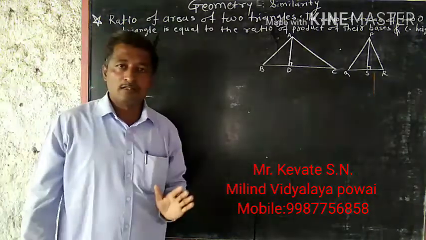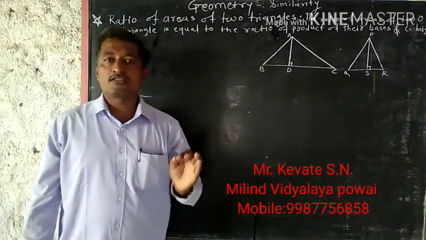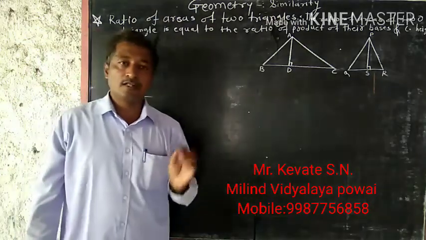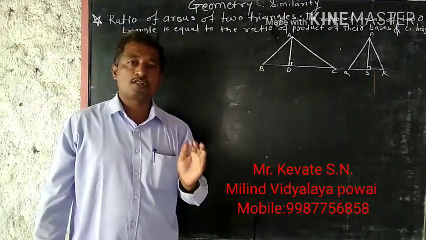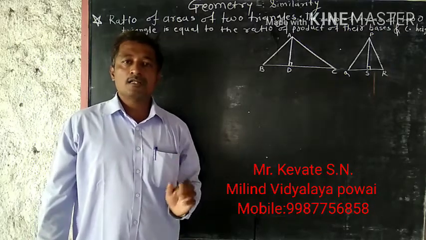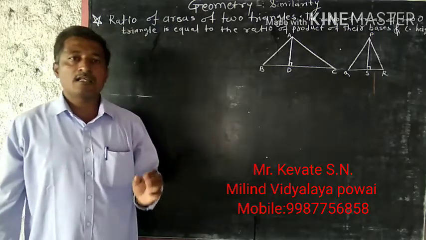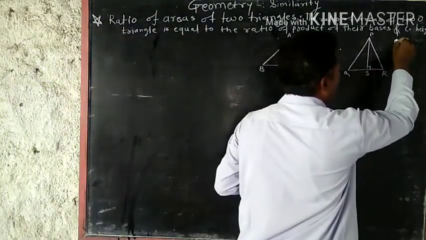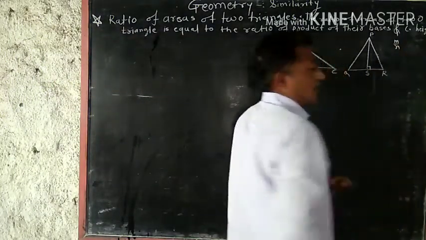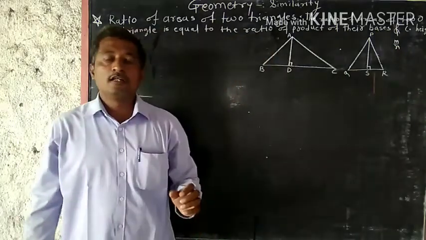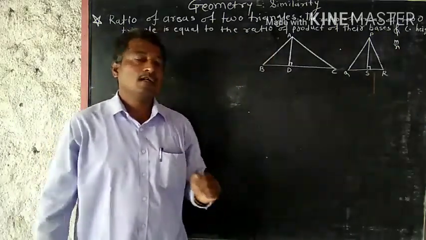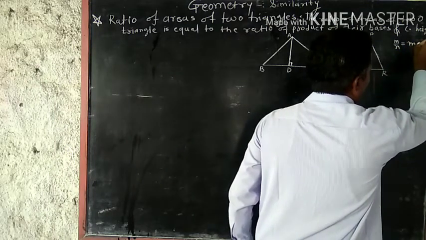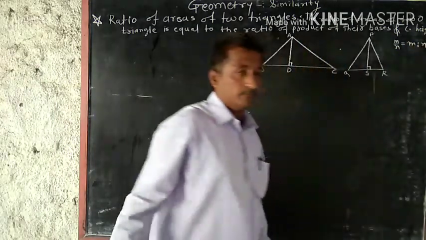In previous standards, we have already studied the ratio. The ratio means ratio and proportion: the numbers A and B are in the ratio m upon n. It is also written: the numbers A and B are in the proportion m as to n.